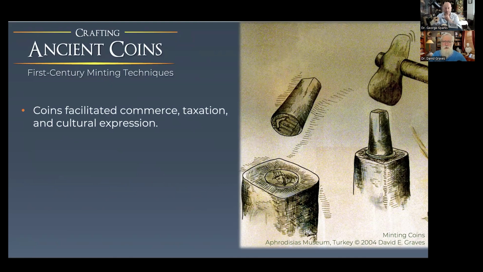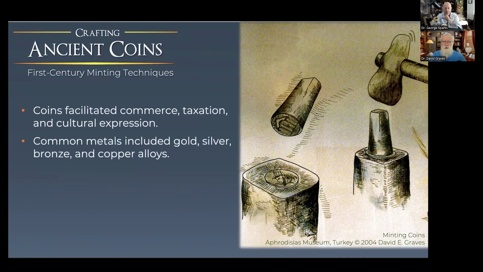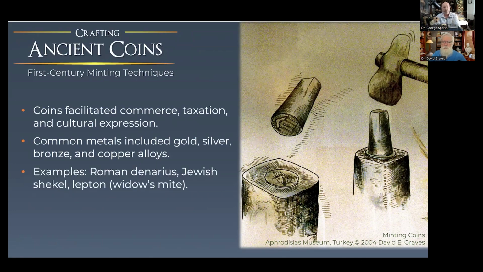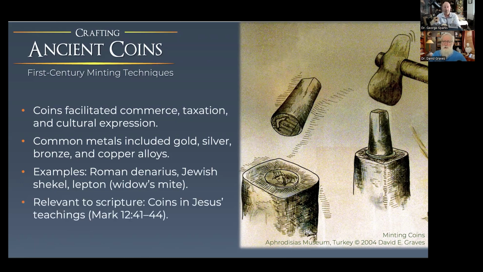Coins facilitated commerce, taxation, and cultural expression in gold, silver, and bronze, and sometimes copper alloys. The Roman denarius, the Jewish shekel, the lepton, that's the widow's mite, or the prutah, as it's called in Hebrew. And Jesus uses it in his teachings, in Mark chapter 12 particularly. And you remember that Jesus was betrayed for 30 pieces of silver.